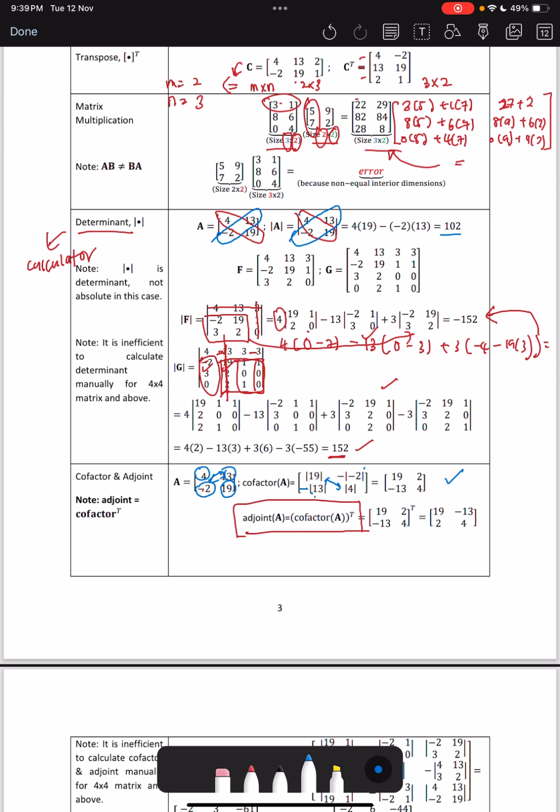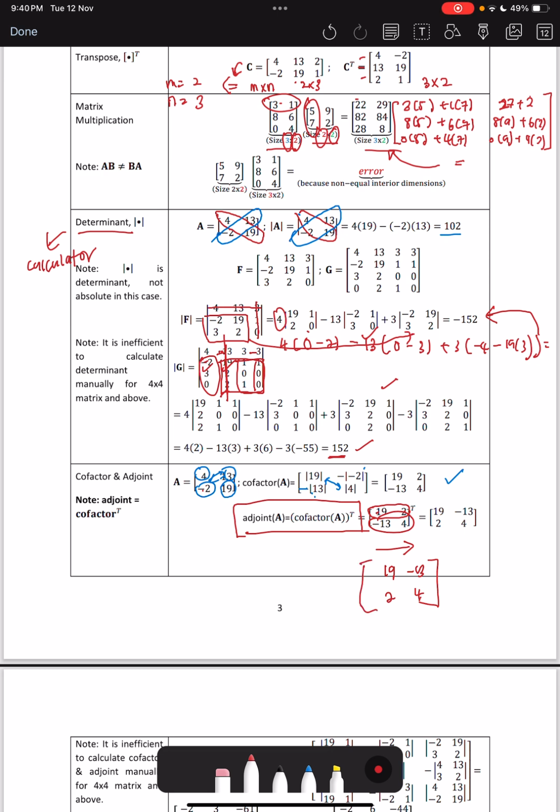Now for the transpose, I hope you still remember, the rows now become columns. From here, this direction, 19 and 2 now become vertical, 19 and 2. 13 and 4, instead of horizontal, now become vertical, negative 13 and 4.